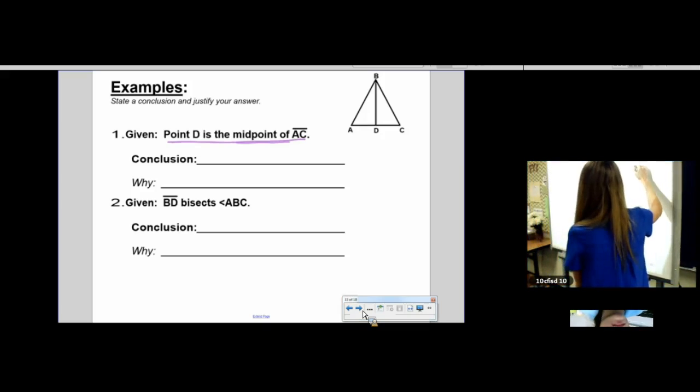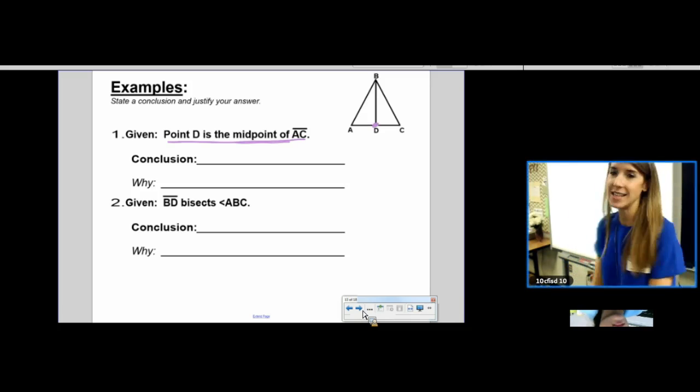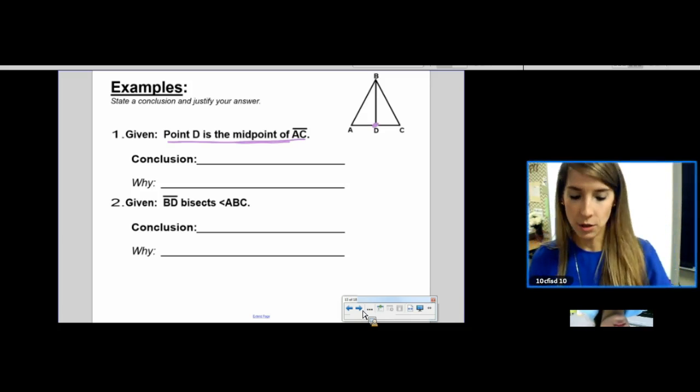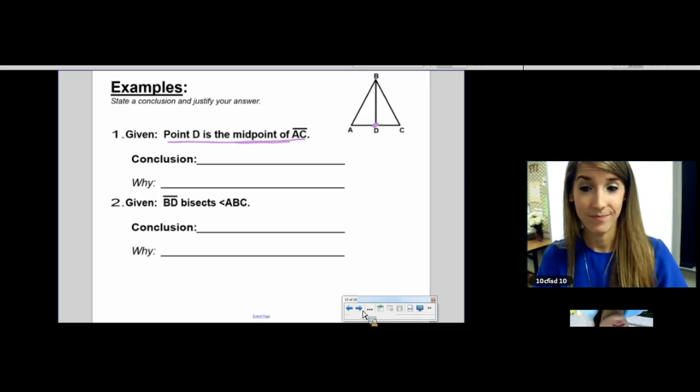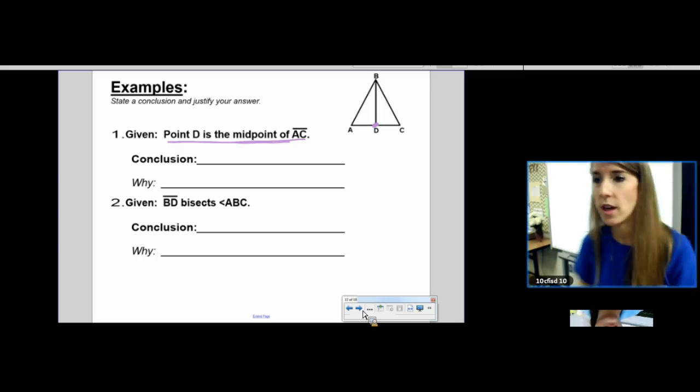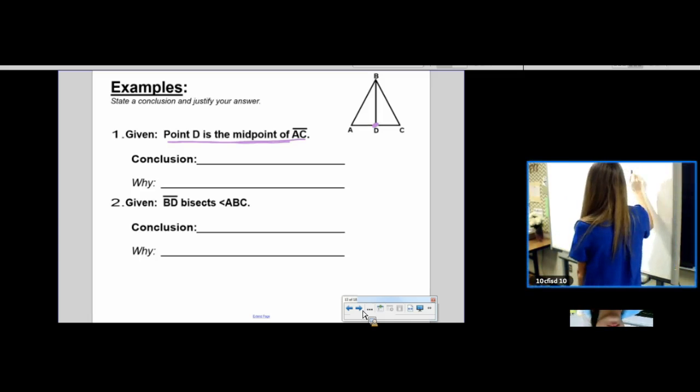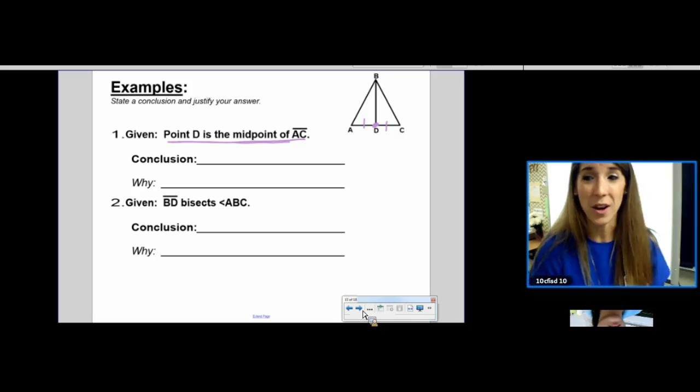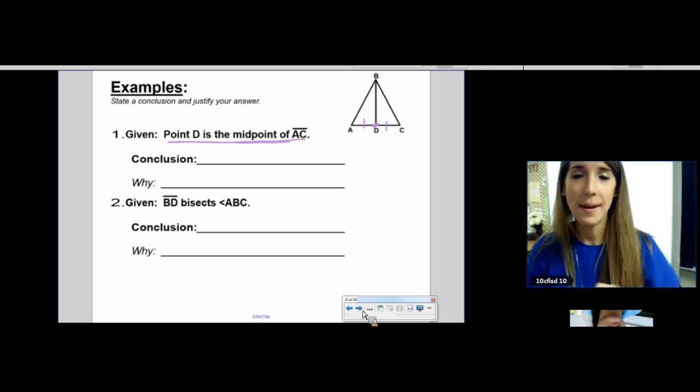Point D is the midpoint of AC. What do we conclude when we know there's a midpoint? Write it down. What is the conclusion? Good. The conclusion is that I would go to my picture and add tick marks.